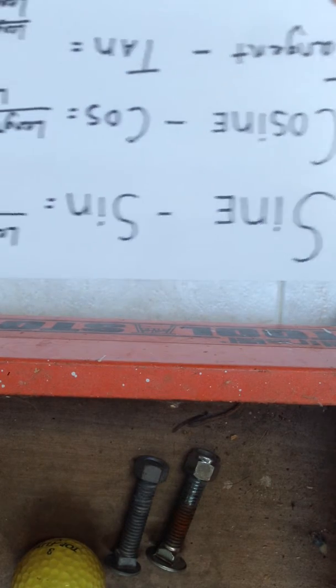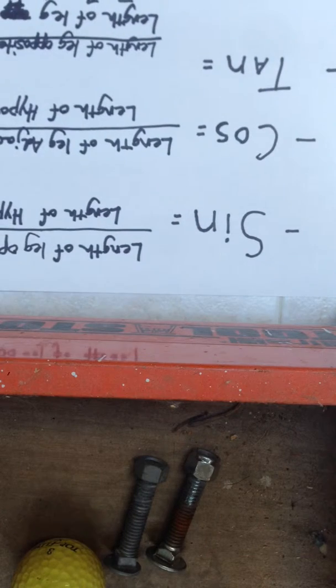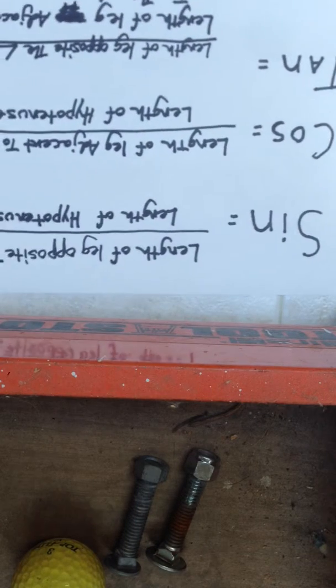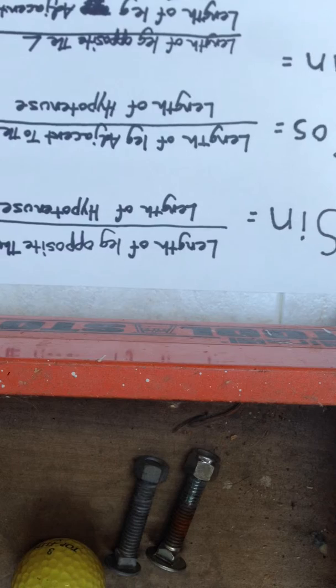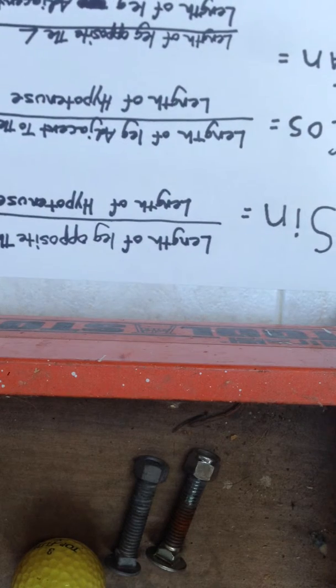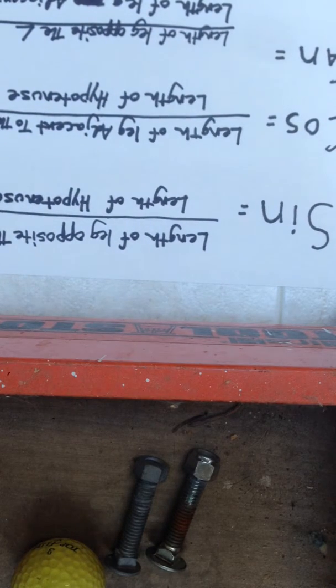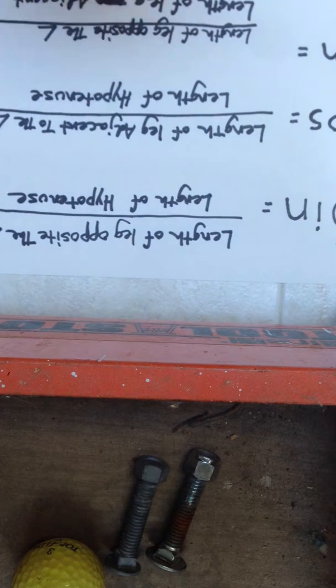What this actually means is that for sine, it's a formula, just like most other bits of math that we use. It's the length of the opposite side over the length of the hypotenuse. I wrote a little bit too small.